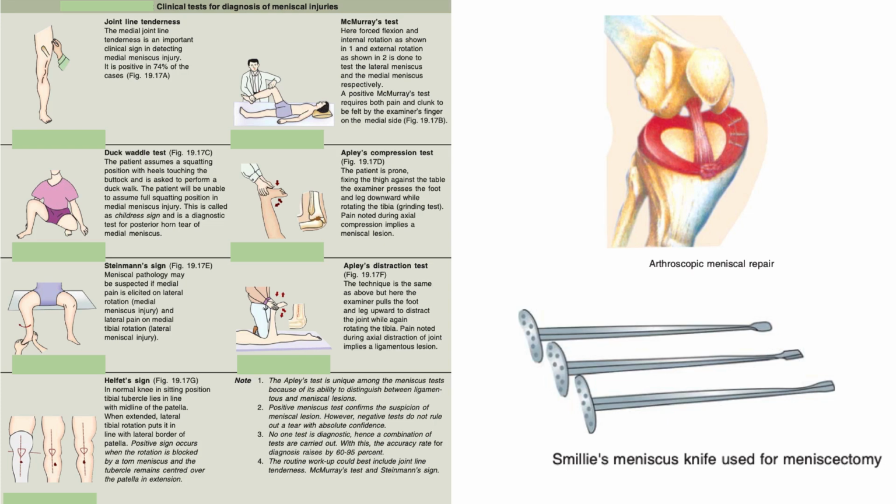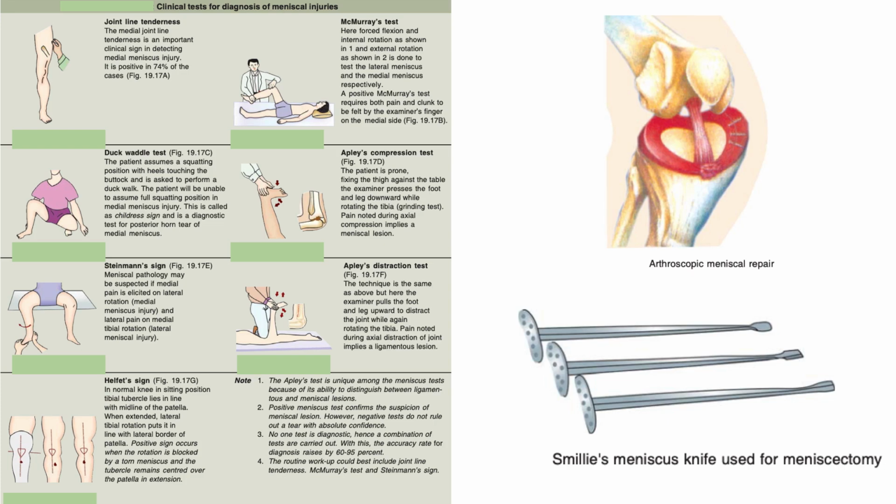So his finger is on the medial side of the knee. That is more of an axial rotation of the knee, and the external and internal rotation is to know the medial and lateral meniscus.